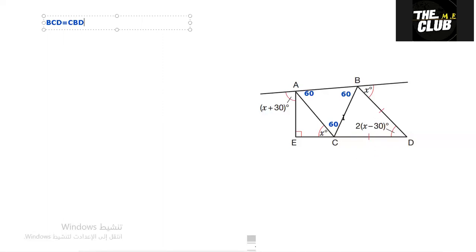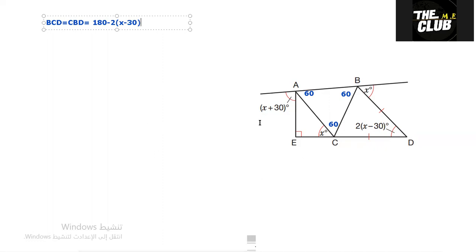And how can I find them? They equal what? Very good. They equal 180 minus this angle. So we subtract this angle from 180. So minus, let's expand this one so we can do it directly. It will be 180 minus 2 bracket x minus 30, and then close bracket.